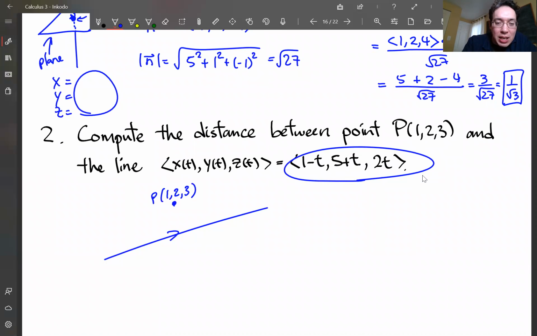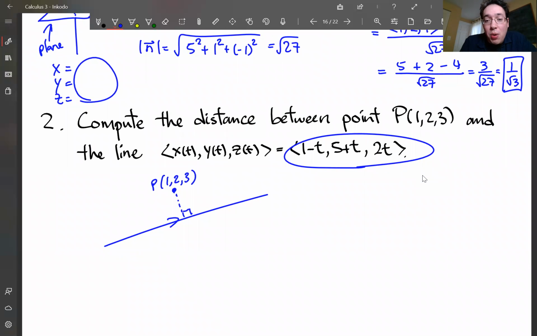So again, if I'm finding a distance between a point and a line, I'm really looking for the minimum distance. What's the closest point on the line to the point?